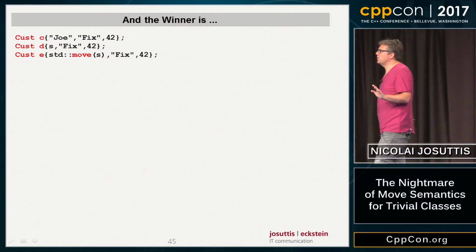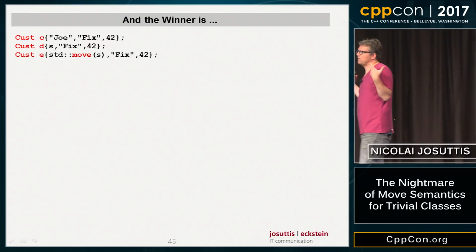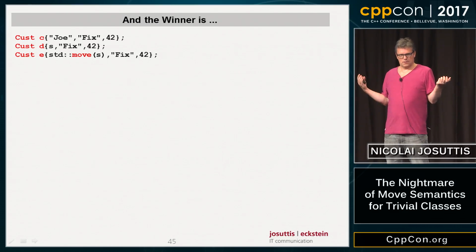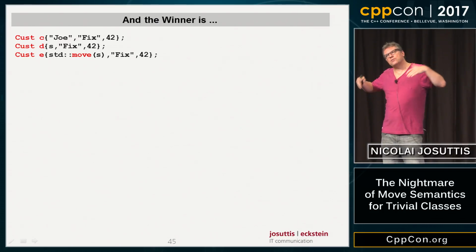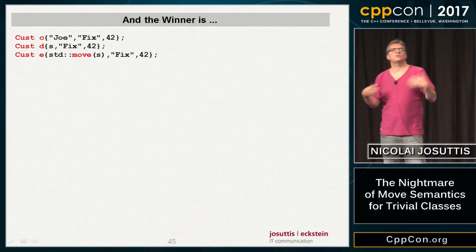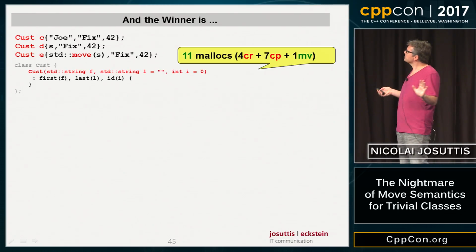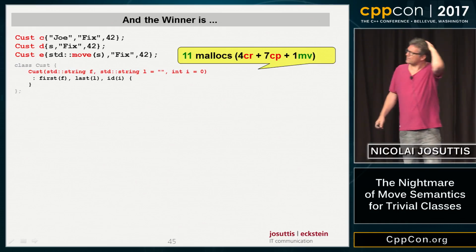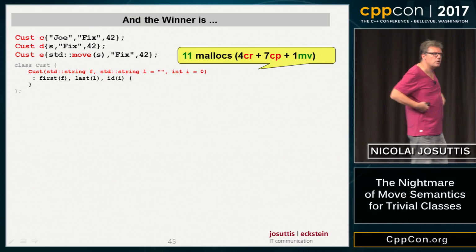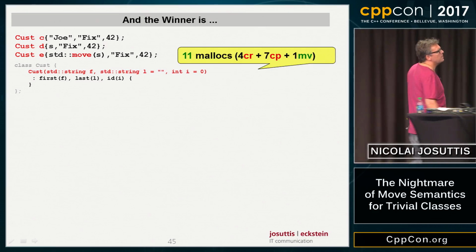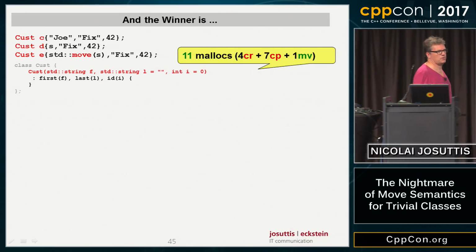So we started with, we want to have perfect performance for this little customer class. And when we try to reach this perfect performance, we run into trouble. And we try to solve this trouble. So the initial version, after some versions we tried, we came back to the question, why don't we pass strings by value here?